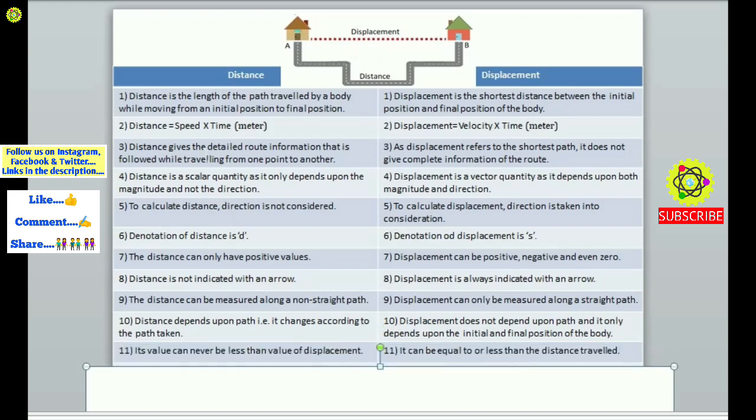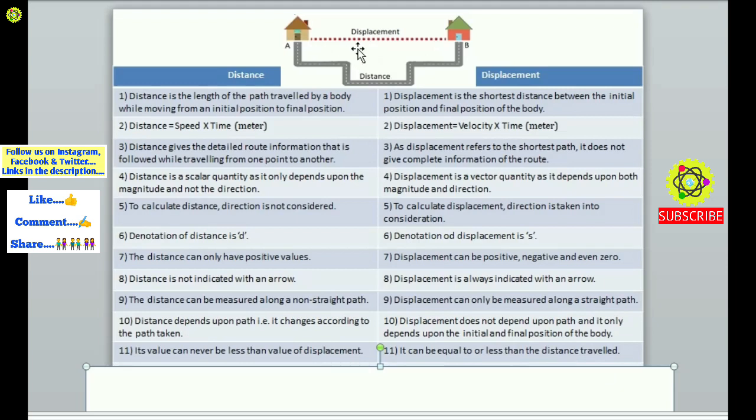Further, the value for distance can never be less than the value of displacement. But in case of displacement, displacement can be equal to or less than the distance traveled.